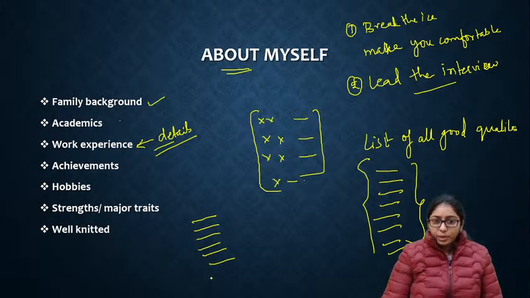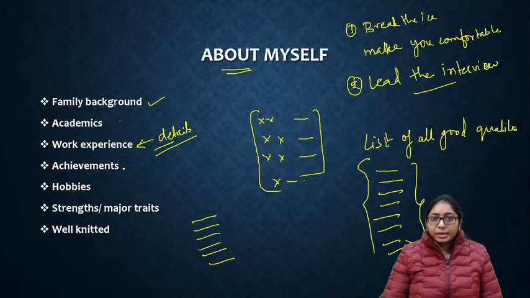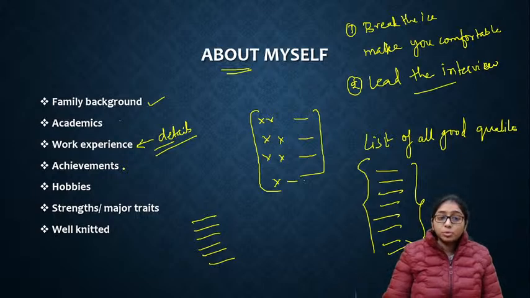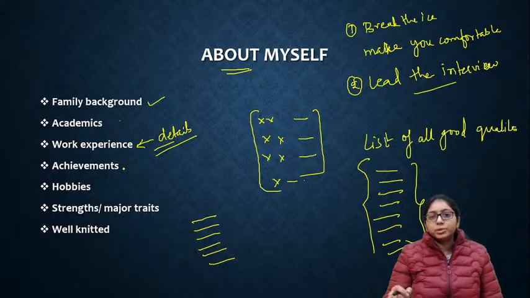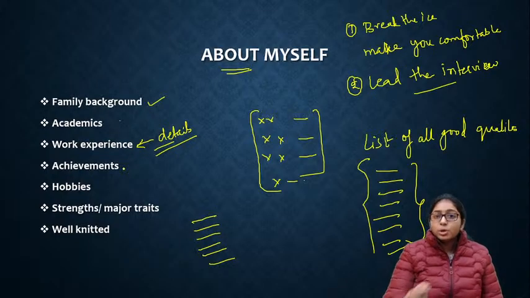You can highlight your achievements. If you have participated in some sports at national level or state level, you can put that. If you have some certificates or courses that you have done, you can tell about that. All these will act like pointers on which the interviewer can ask you questions.